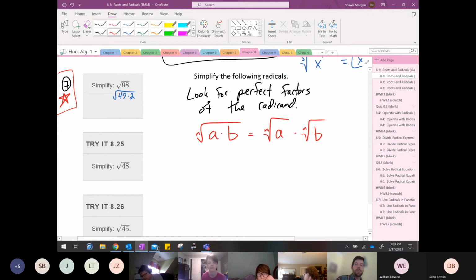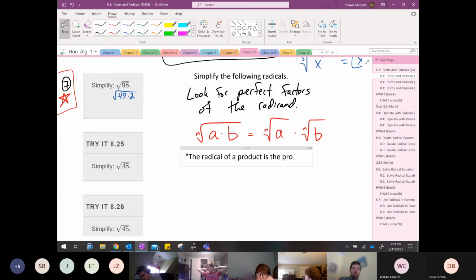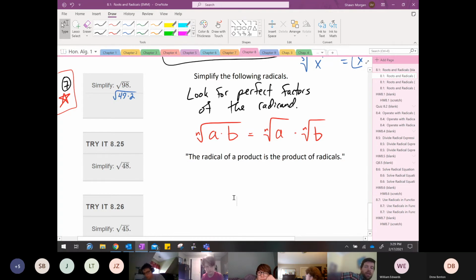I like to phrase that as the radical of a product is the product of radicals. Okay, write that phrase down. The radical of a product is a product of radicals.